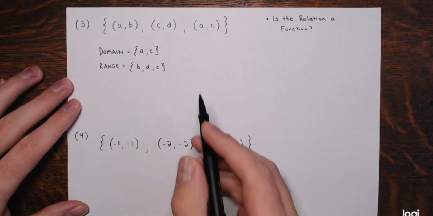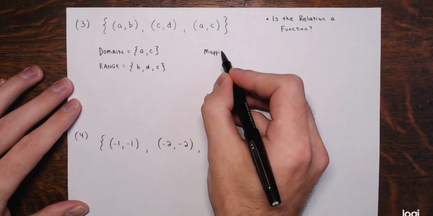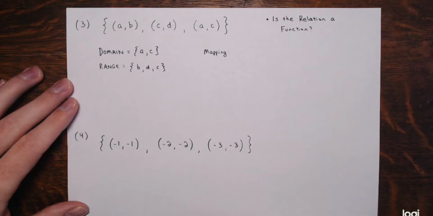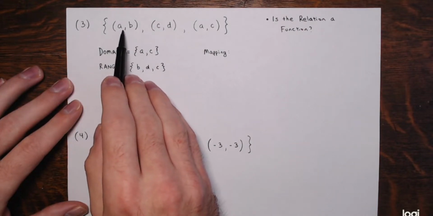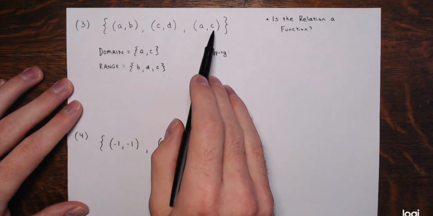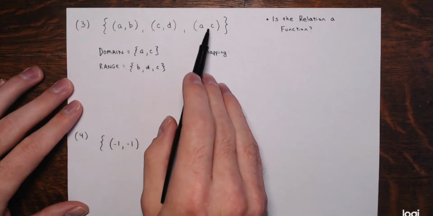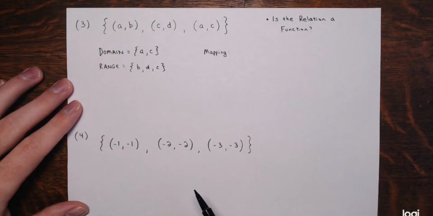And I can draw a mapping if I want, one of those arrow diagrams. Now you can probably already tell me that this is not a function. You see A from the domain maps to B, but also to C. This input of A pairs with more than one output, more than one element of the range.